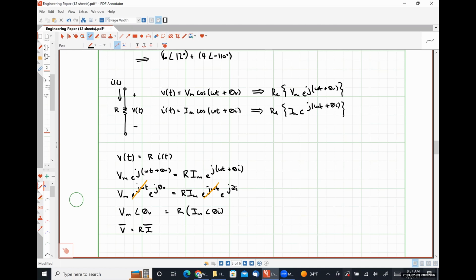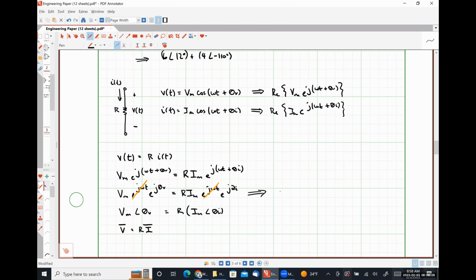We can infer a couple of other things here that are pretty important, okay? So let's look at this representation right here, and we'll do a little aside, all right? So we can see that we have an exponential form complex number on the left-hand side and an exponential form complex number on the right-hand side, which means the magnitude of the left-hand side has to equal the magnitude of the right-hand side, and the phase angle of the left-hand side has to equal the phase angle of the right-hand side.